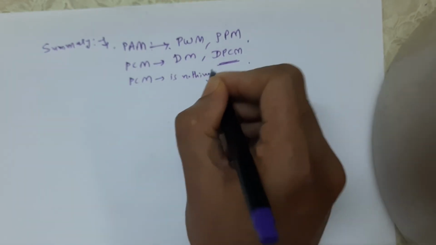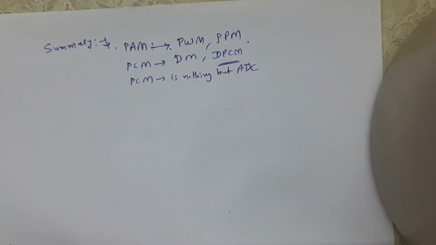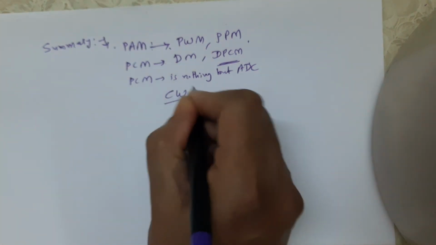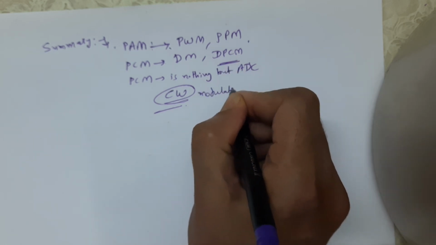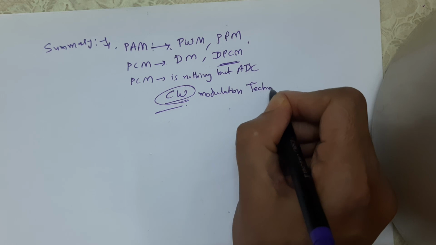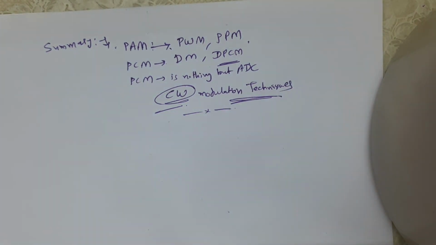The approach for the reconstruction of the message signal in case of pulse modulation is relatively simple compared to the demodulation of the continuous wave modulation techniques. That's all. This completes your chapter.